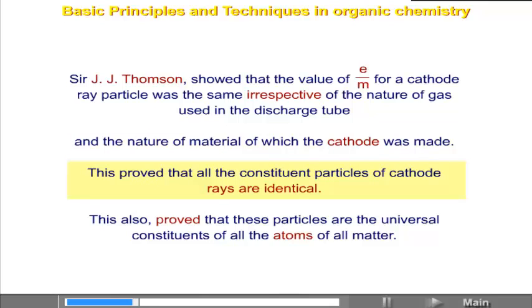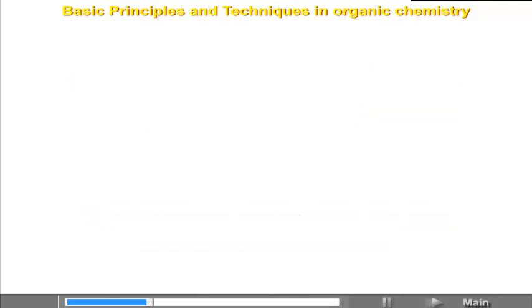This proved that all the constituent particles of cathode rays are identical. This also proved that these particles are the universal constituents of all the atoms of all matter.